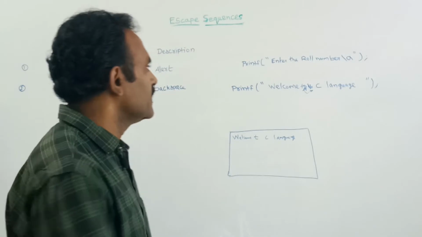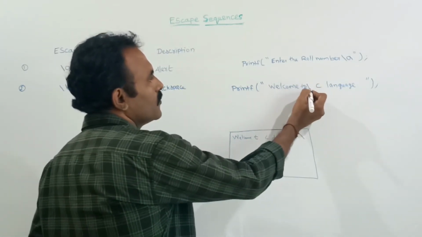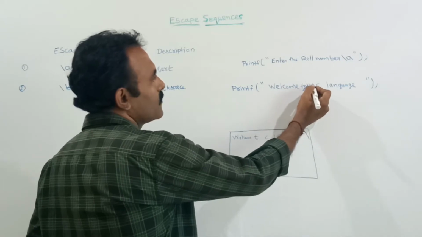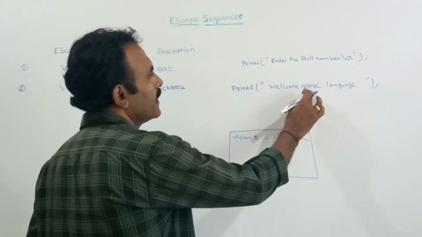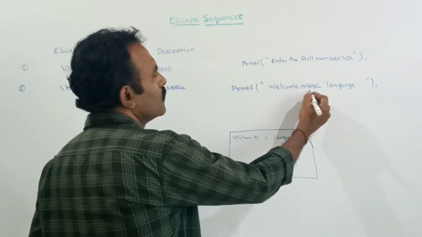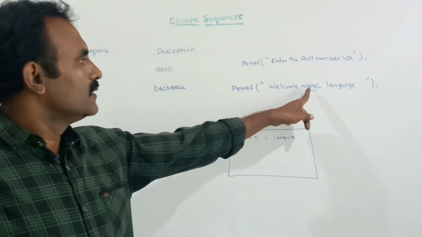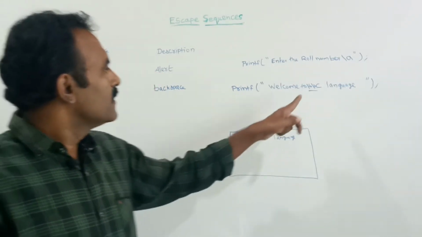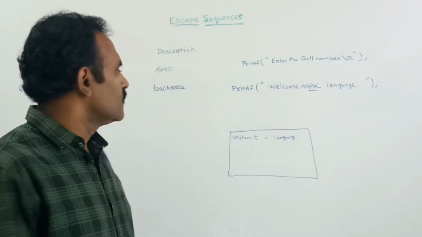Suppose here I am using two backslashes, one \b and another \b. Here I am using double \b. So the letters will be removed, that is t and o will be removed.